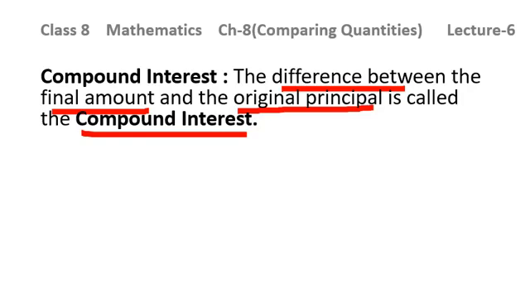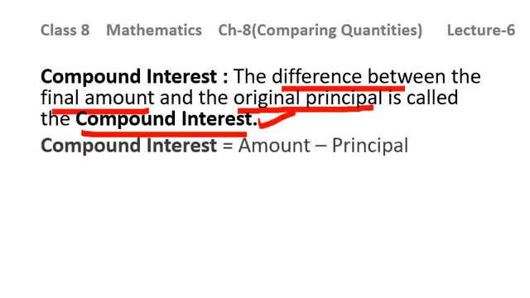The difference of these two will give you the final compound interest, which is used in the practical scenario by financial institutions like banks, post offices and insurance companies. Then compound interest is given by the final amount minus the original principal, as mentioned in the definition.